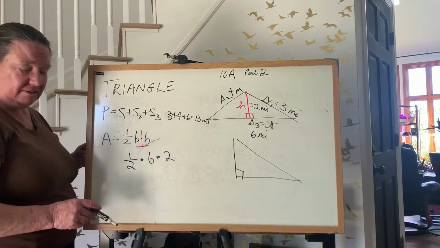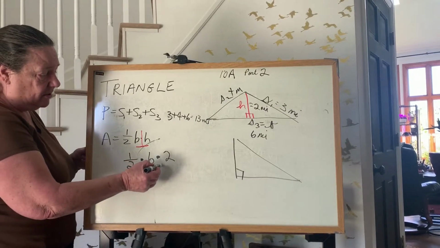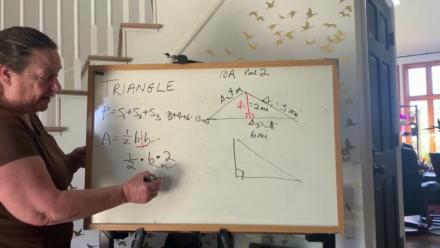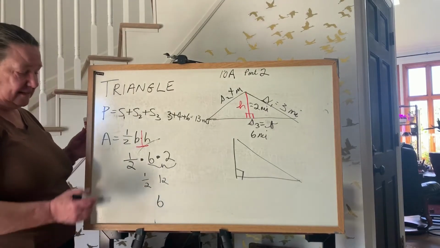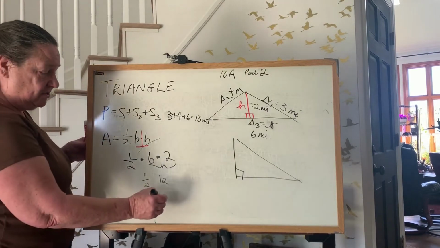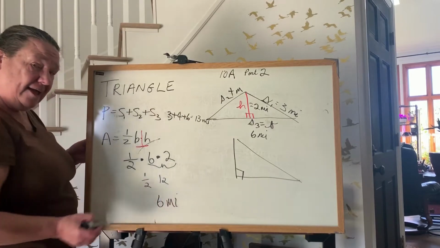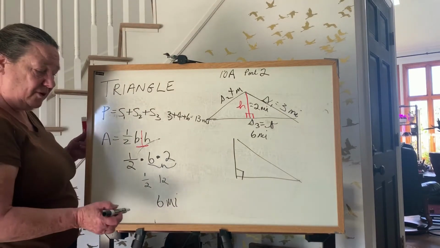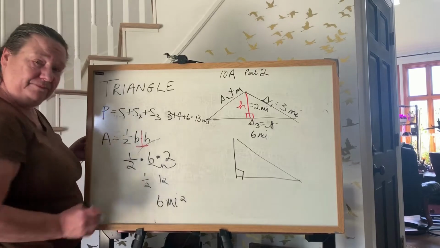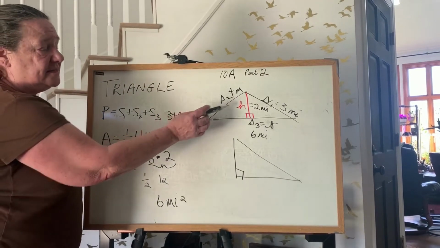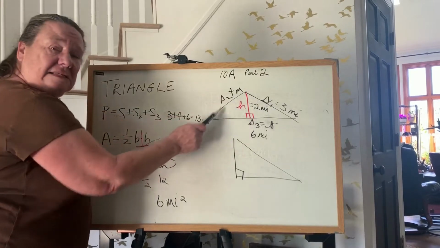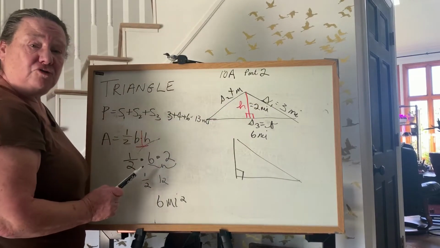That would be wrong, okay? So I'm just going to go 6 times 2 is 12, and then take 1/2 of 12 and make it 6. This is area, so it's miles. Think about it. What are you going to put? Squared, okay?